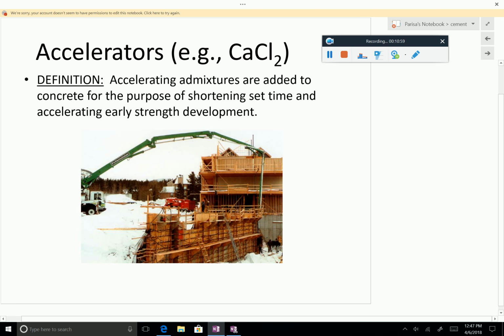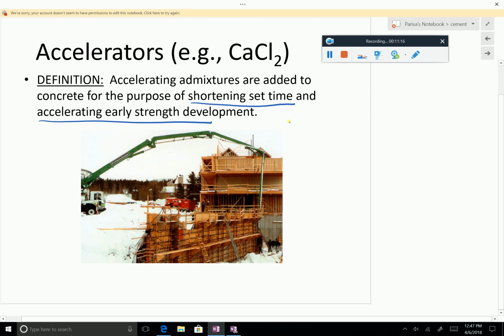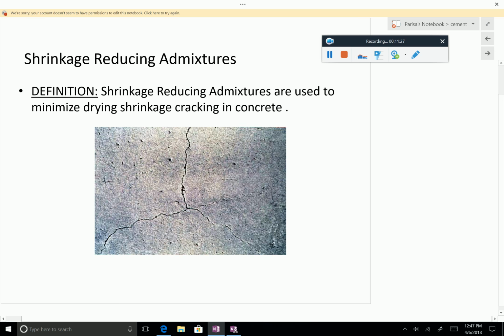The opposite of retarders are accelerators. If you want to shorten the set time and accelerate early strength development, you use these admixtures, which are also useful in cold climates, for example, as you see in the picture. And there are some other admixtures.